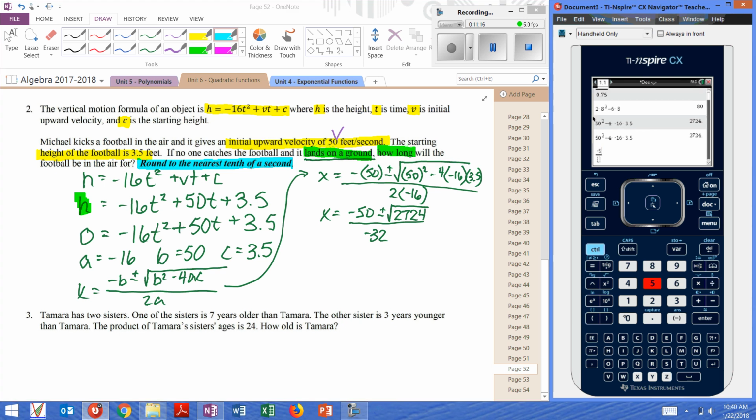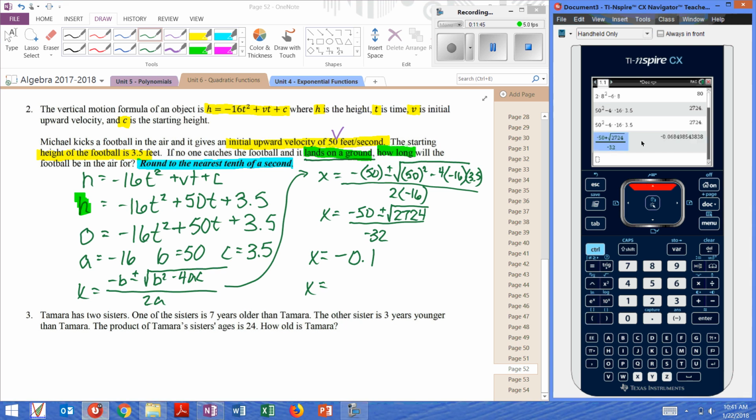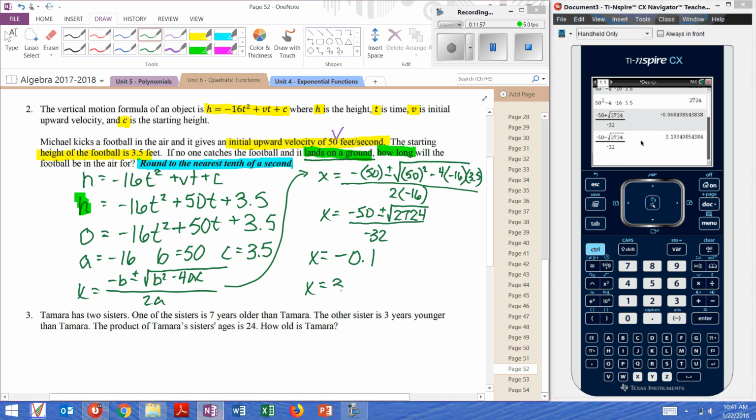So I'm going to do this with you. So negative 50, let's do the positive one first. So 2724 all over negative 32. And, all right, so one of our roots is at, let's round this to the nearest tenth, negative 0.1, and then the other one would be x is equal to, well, let's just copy and paste this, and change that to a subtraction sign, and we end up getting 3.2.